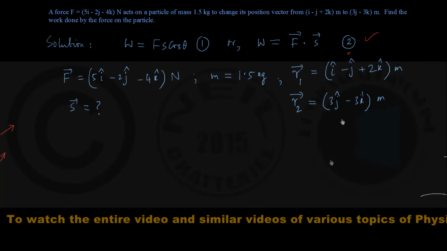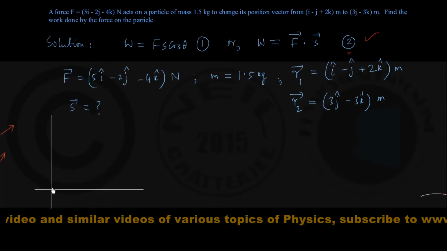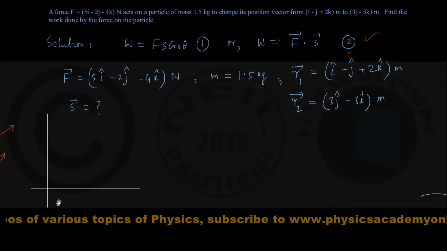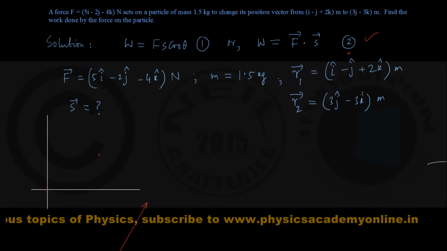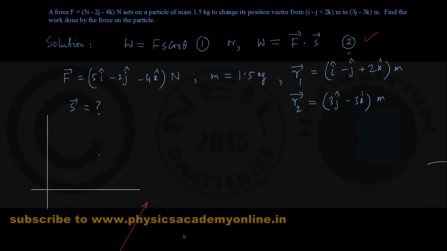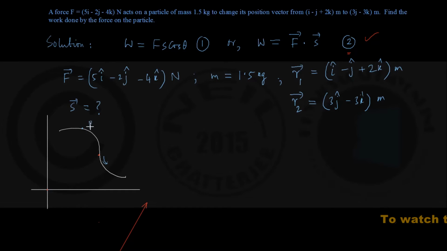So we construct a figure, a simple figure rather in 2 dimensions, because the problem was given in 3 dimensions, but that does not pose any problem to understand and recollect what we have learnt in vectors. So here we draw a simple 2-dimensional coordinate system, as you can see. Suppose a particle is moving in this xy plane in a curved path as given by this line that I am drawing. Initially the particle is at this point that I call P1.